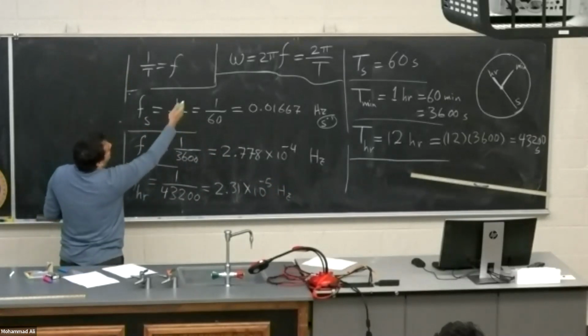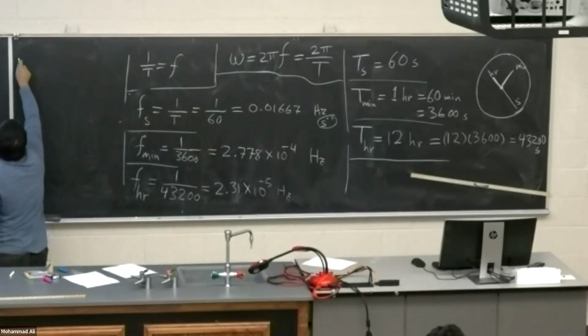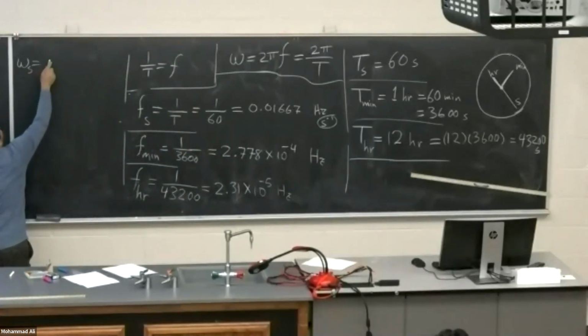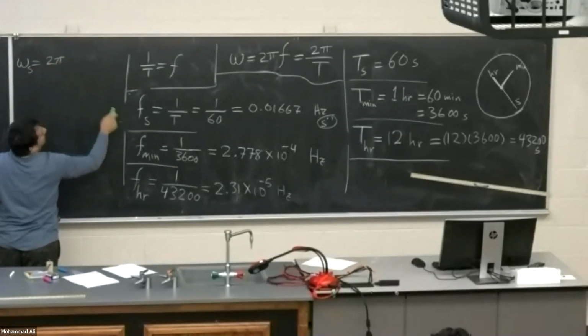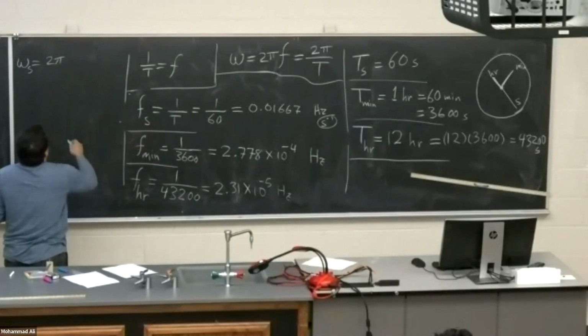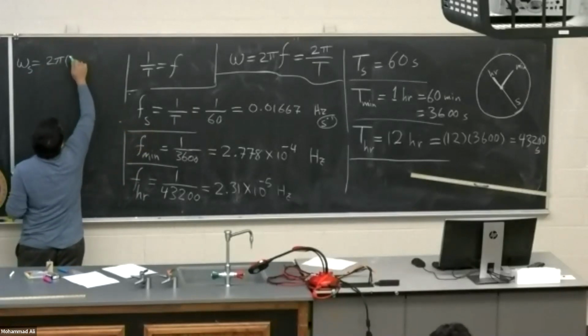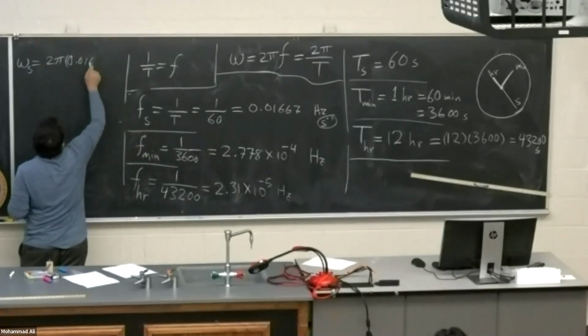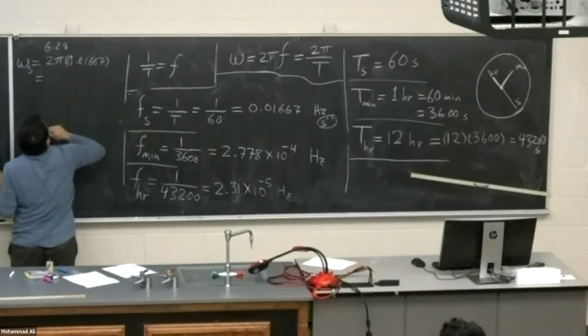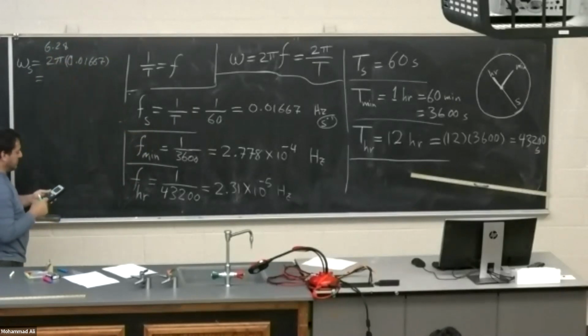In 2 ways. I will find it by one of these relations. Omega, which is the angular velocity for the second arm, is 2 pi multiplied by f. This is f, which is 0.01667. We need just to multiply by this, which is 6.28, 2 pi.